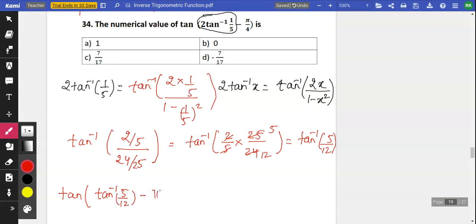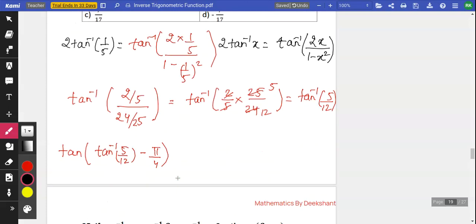minus pi by 4. Now here we use again a new formula of tan a minus b.